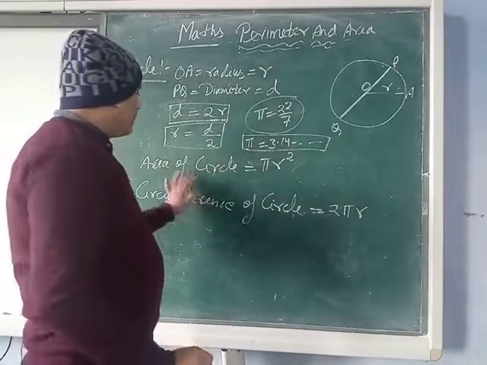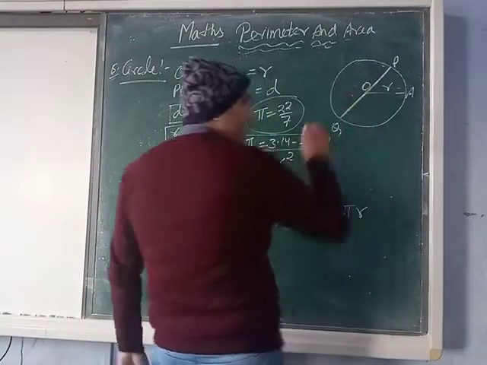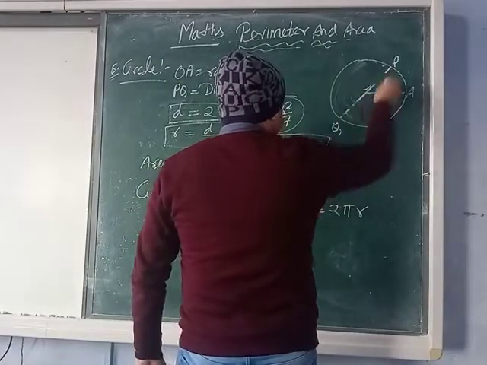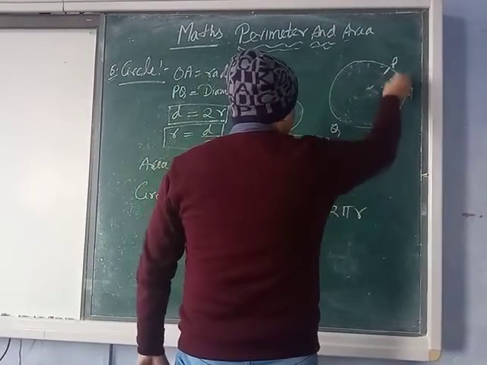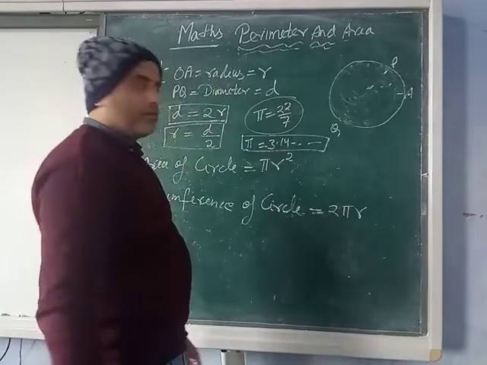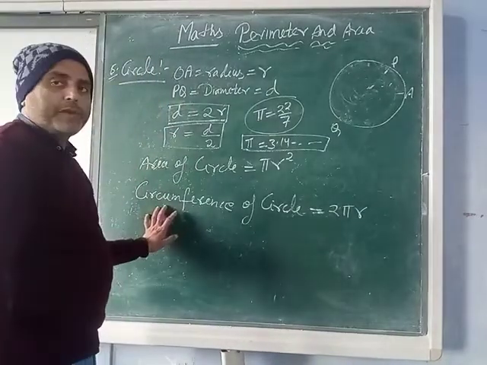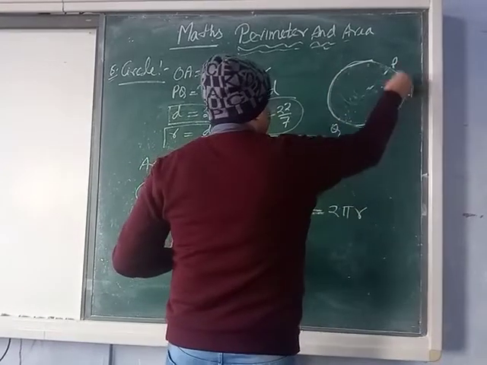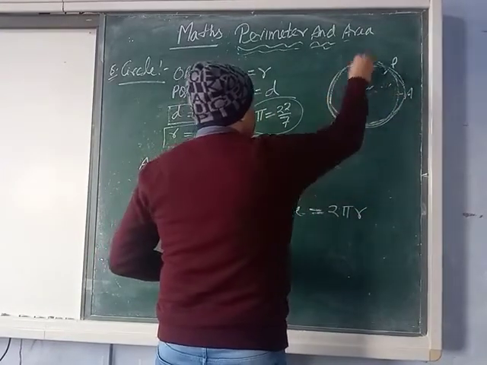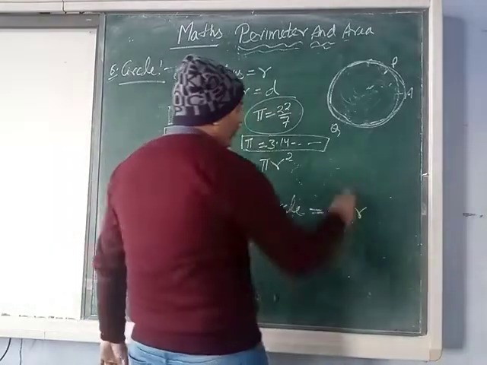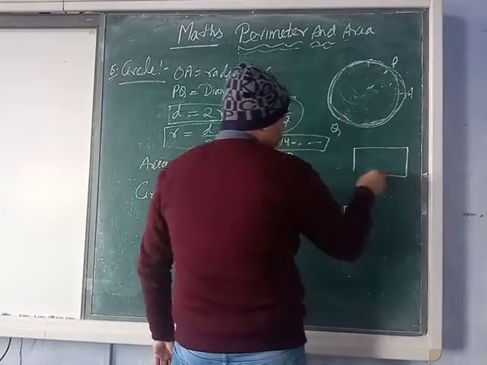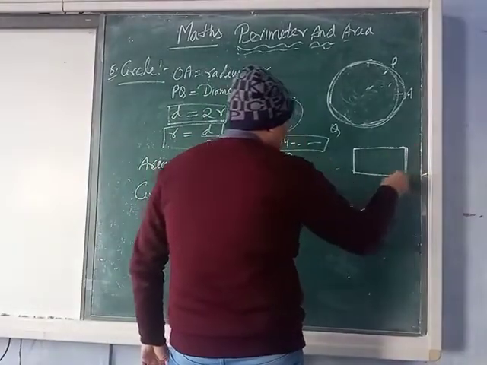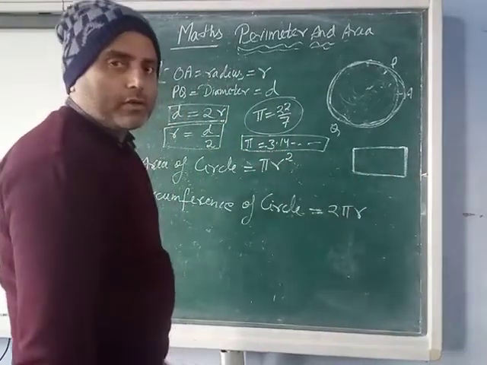See, for finding the area, when any question asks the area, then we will find out this cover. What is the surface of this portion? Is it clear? And when we ask about perimeter or circumference, then only we have to find the length of the outer boundary. Same question in square or rectangle: perimeter means the length of this whole side, only the length of the outer boundary.